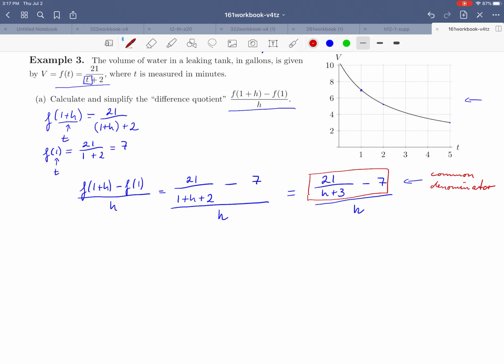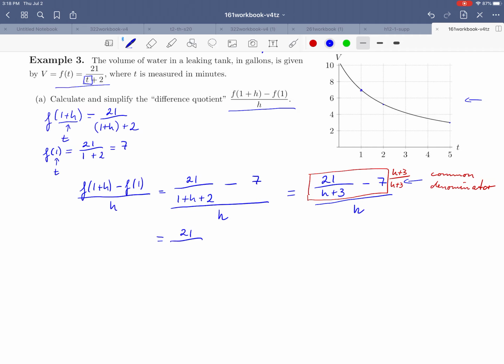On 7 right here, I can think of it as 7 over 1. I can create a denominator by multiplying the 7 by h plus 3 divided by h plus 3. H plus 3 divided by h plus 3 is just a complicated way of writing 1, but by taking 7 and multiplying it by h plus 3 over h plus 3, I'm turning 7 into a fraction.